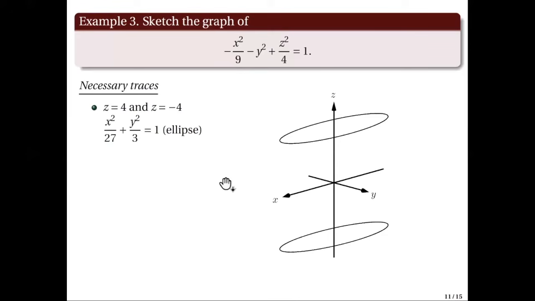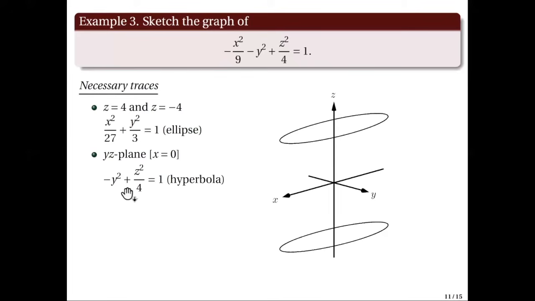Now for the two hyperbolas, we just need to find the traces on the xz plane and the yz plane. On the yz plane, we set x to 0, and when we do that, this term vanishes. That leaves us with the following equation. A difference of two squares equal to 1 represents a hyperbola.